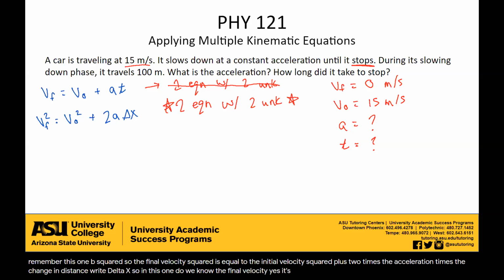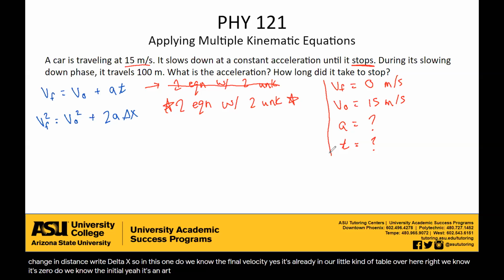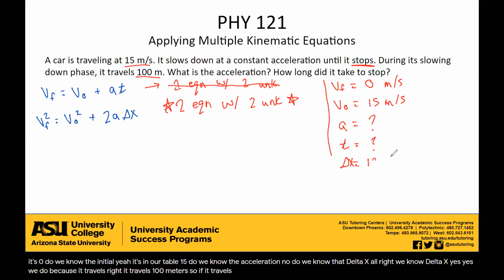Yes, it's already in our table, it's 0. Do we know the initial? Yes, 15. Do we know the acceleration? No. Do we know delta x? Yes, we do, because it travels 100 meters.